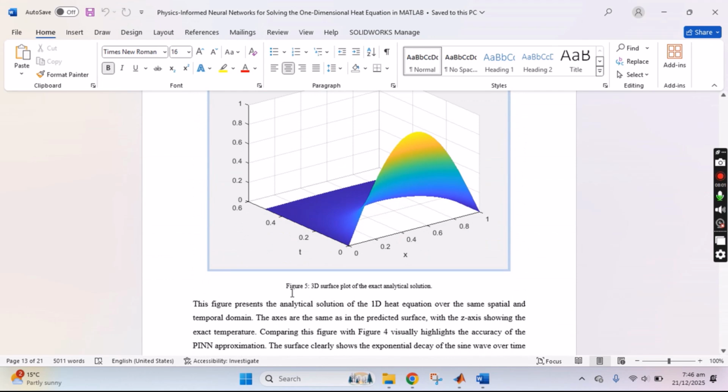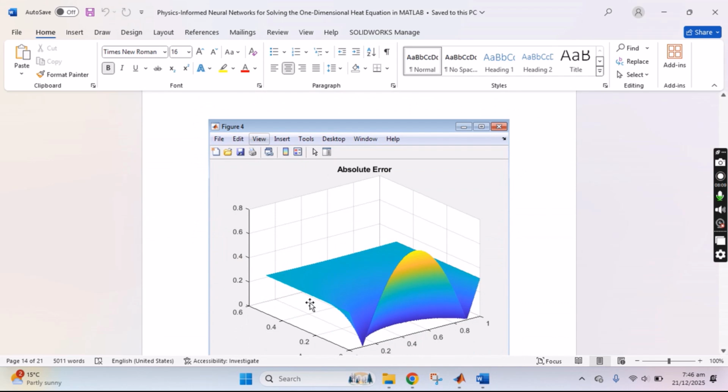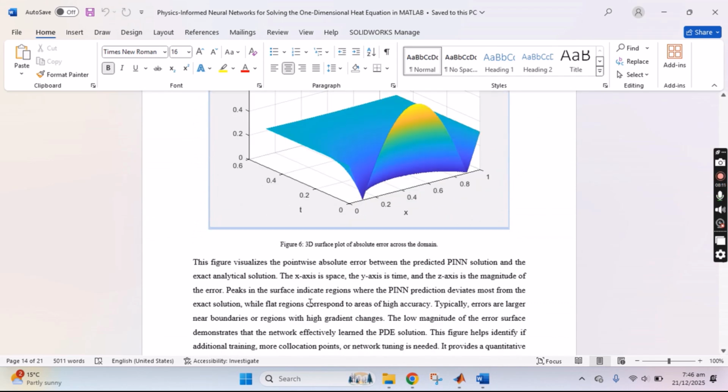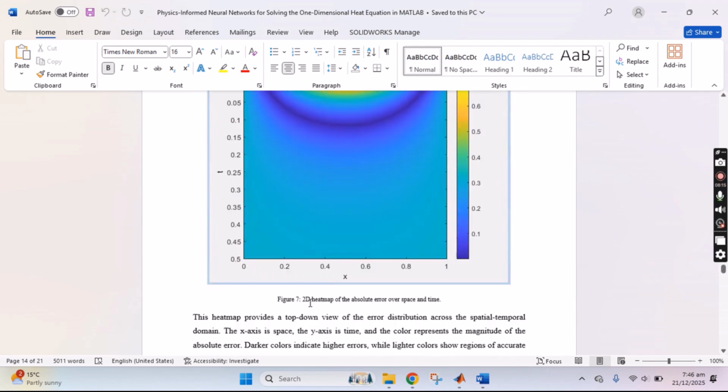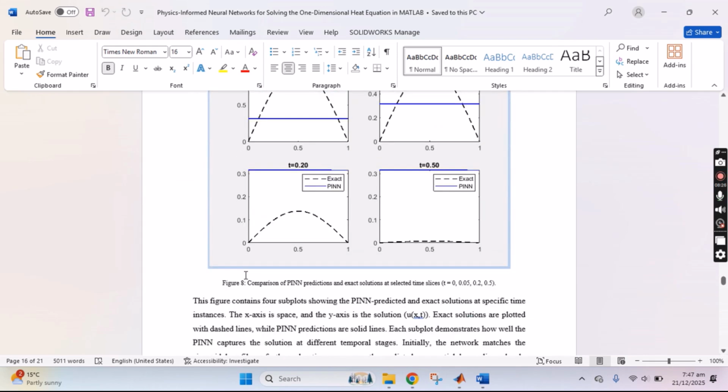This is a 3D surface plot for the exact analytical solution. The next one is the absolute error, a 3D surface plot of the absolute error across the domain. Here is a heat map that provides a top-down view of the error distribution across the spatial-temporal domain.